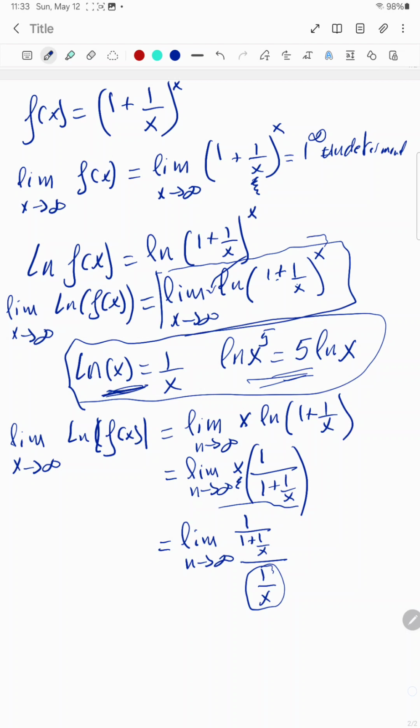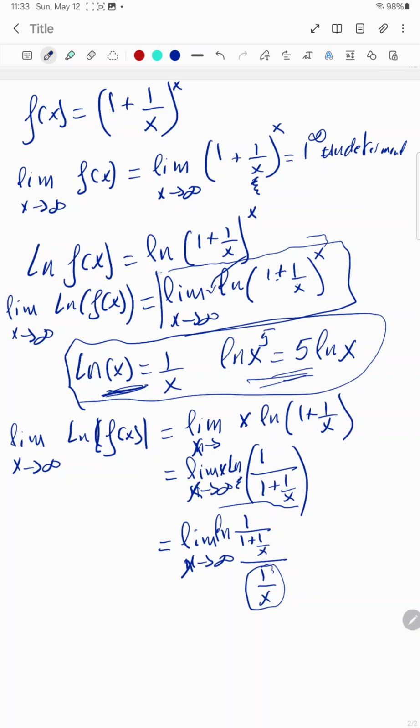So now when x goes, not n, sorry, it's always x. So when x goes to infinity here, 1 over x is equal to 0, and I have x ln of, okay?